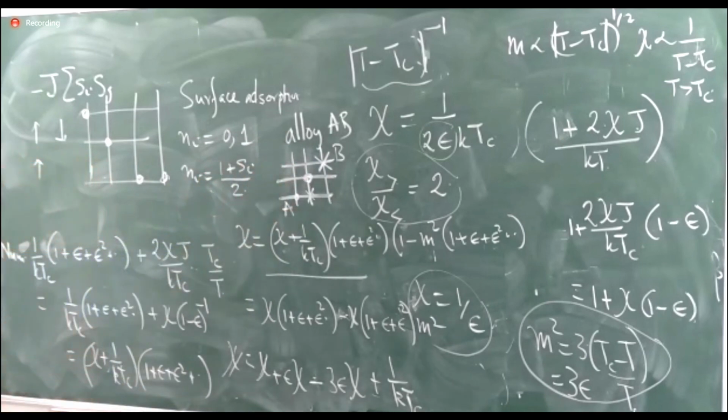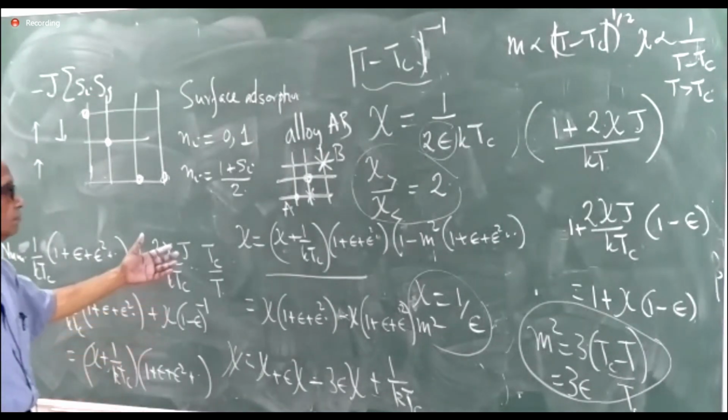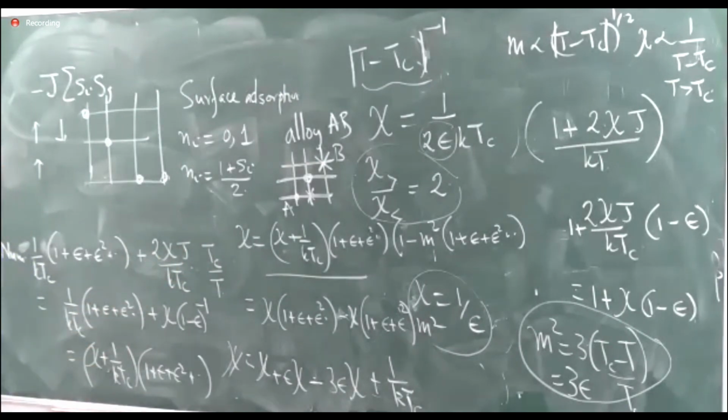So with this Ising model you have a whole class of problems that one can talk about. It can be adsorption problems on a surface or on the vertices of a cube. It can be a binary alloy problem, or it can be a magnetic moment problem.